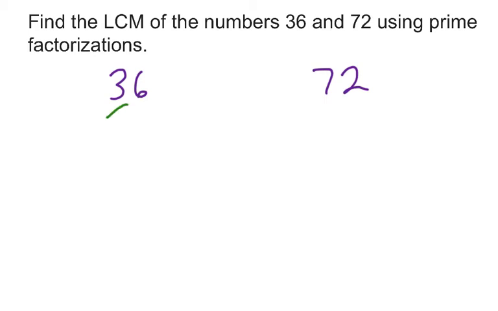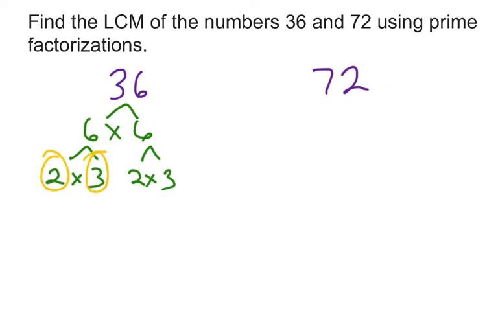Now I can use a factor tree to find the prime factorization of 36. I can start by 6 times 6 is 36. And then I notice that neither of those are prime, so I can keep going to 2 times 3 and 2 times 3. So now I have my prime factorization.